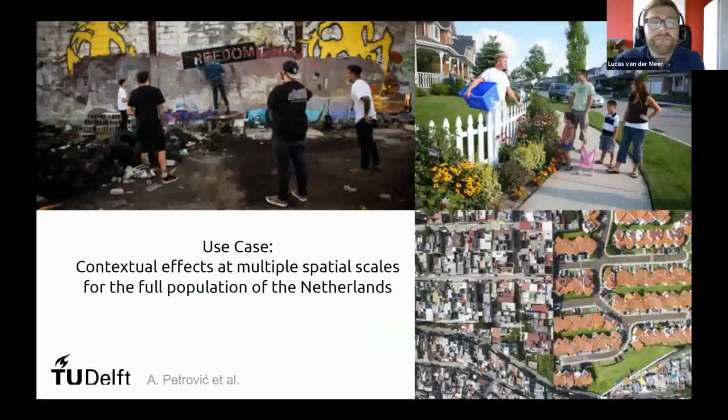So going back to Anna's use case, she did a geospatial analysis on neighborhoods, on wealth in neighborhoods. And currently in statistics and in policy, it's more or less assumed that someone's individual wealth is similar to the wealth of the neighborhood that individual lives in.